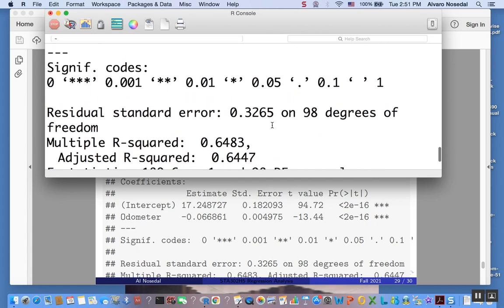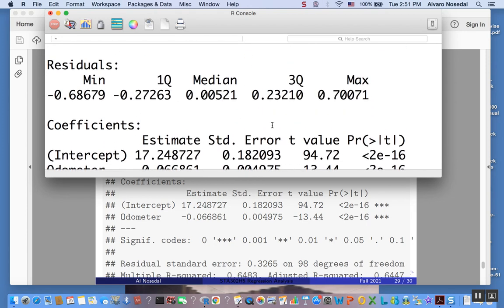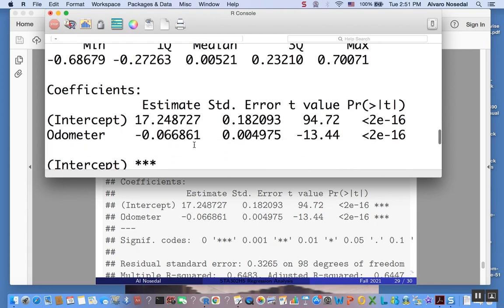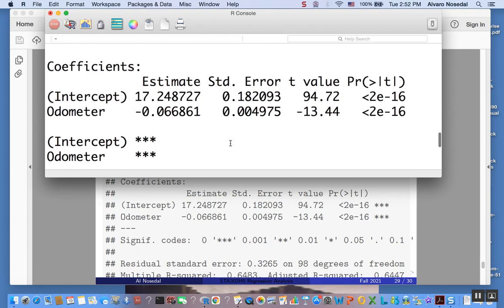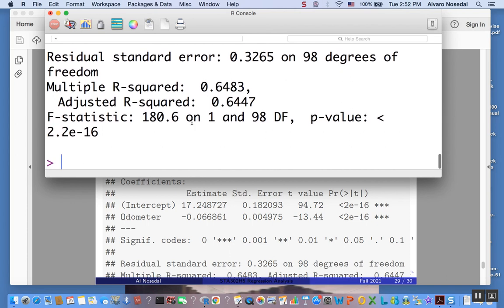We have this, right? So we know that this is going to carry out the two-sided hypothesis test, and usually we're interested in saying something about the slope parameter. It is significant, meaning we have evidence that it's different from zero. It's a two-sided alternative.